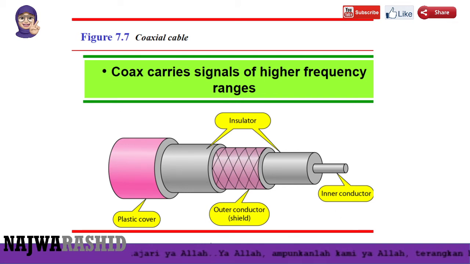This is the appearance of the coaxial cable. Basically, if you have Astro at your home, you can look at the back of the Astro device, the modem, and you can see the coaxial cable there.